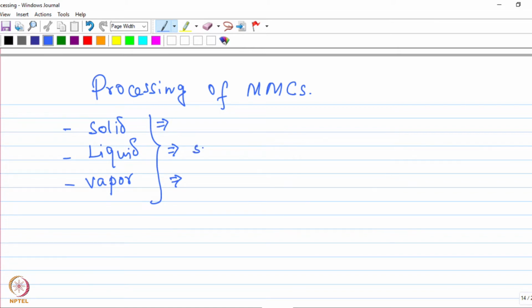Such as stir casting and melt infiltration in liquid metallurgy route, in solid state we have powder metallurgy, diffusion bonding, and high energy high rate process.